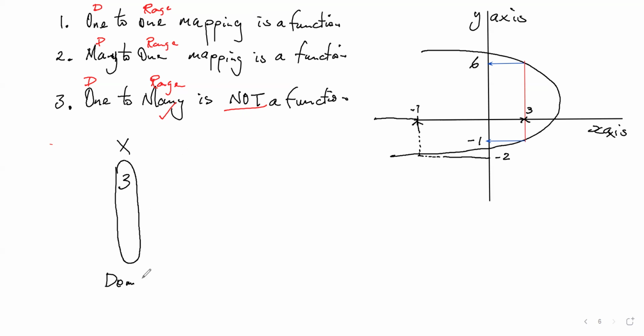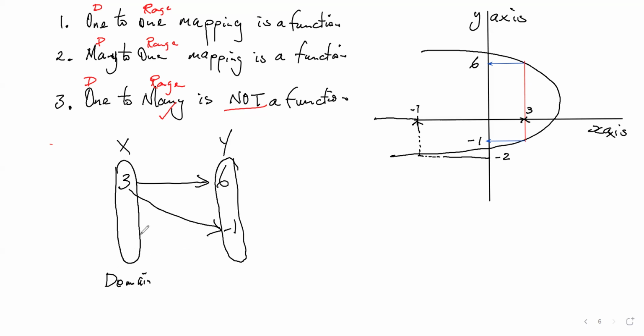So this is the domain. And 3 is mapped onto what in the range? 6 and -2. -1.